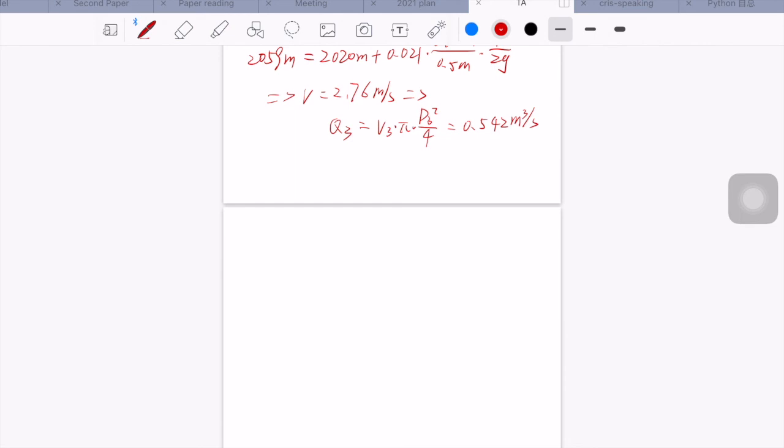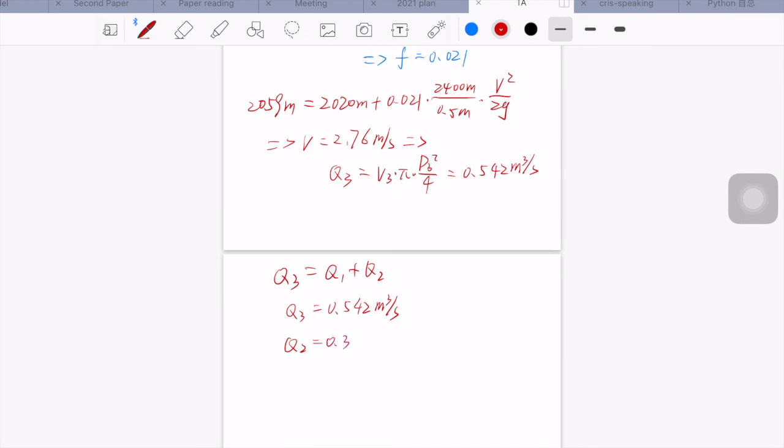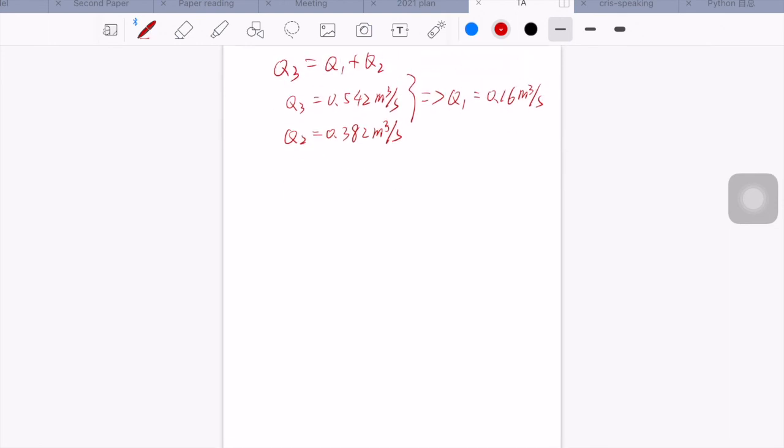So now we can know that Q3 equals Q1 plus Q2, and we know Q3 equals 0.542 cubic meter per second, and Q2 is 0.382 cubic meter per second. So we can find that the flow rate in the pipe 1 equals 0.16 cubic meter per second. And now we balance the energy between the reservoir 1 and the junction.